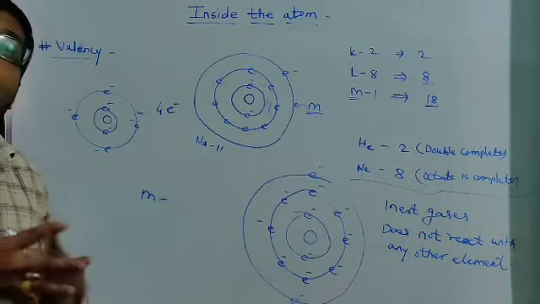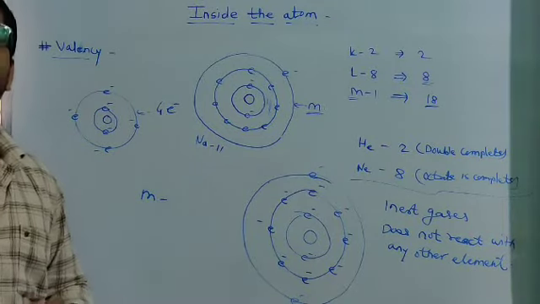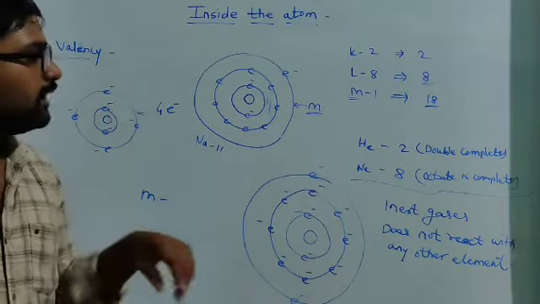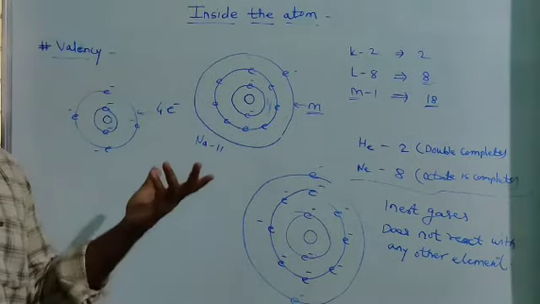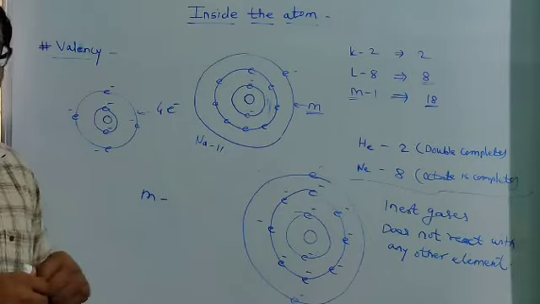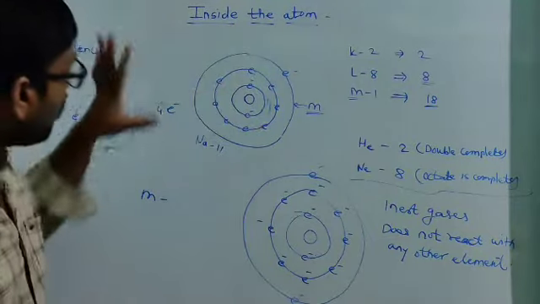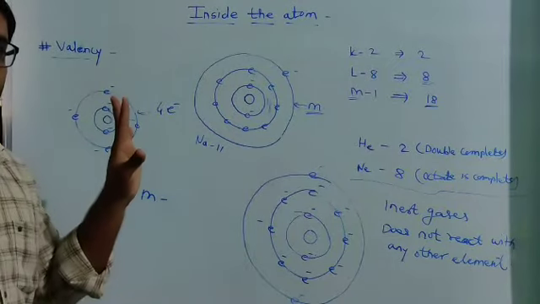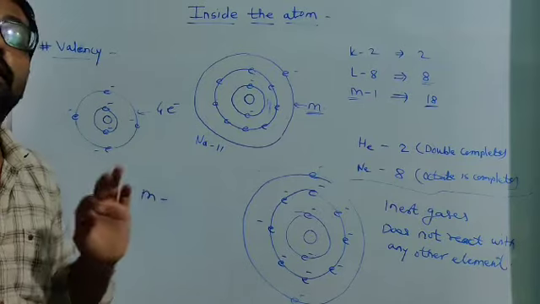That is why they react with other elements, and that is why compounds are formed. If all elements were in this form, we would not have different types of compounds. We have different types of compounds because of the structure of the atoms of elements, because their outermost shells are not completely filled.